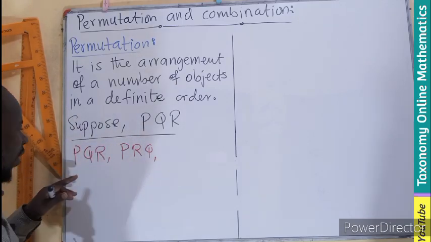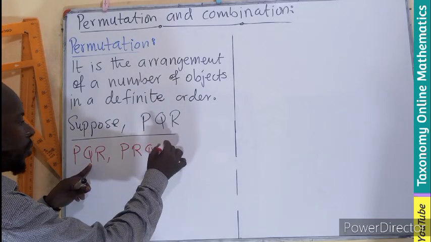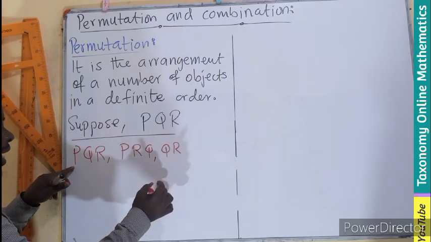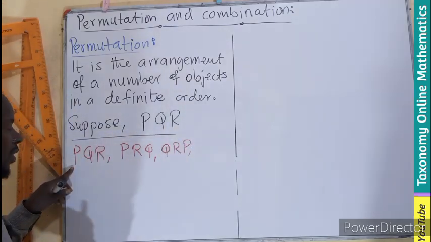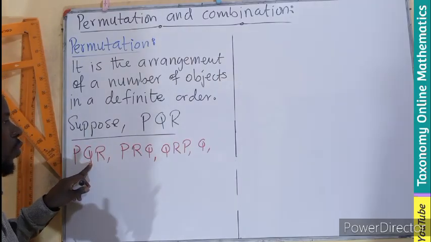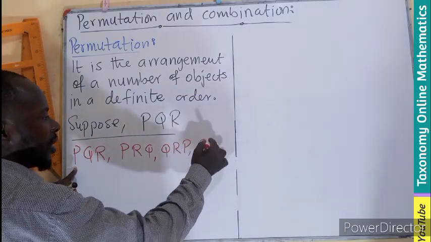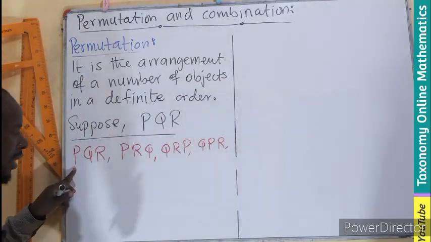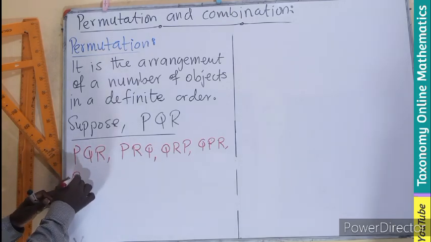Then I can also begin with Q, then R, and the third will be P. If I begin again with Q, I should be able to come to P before I come to R. Now let's begin with R itself.